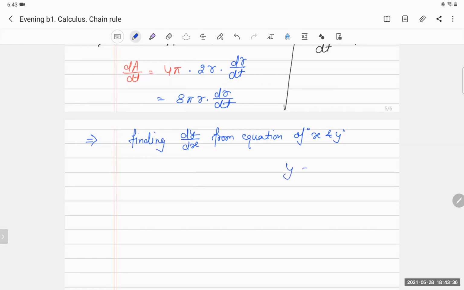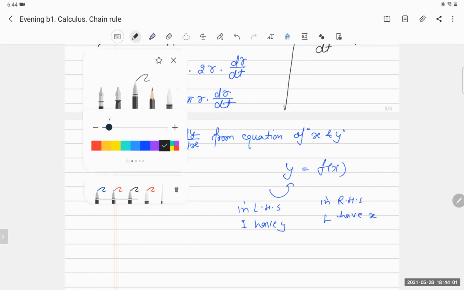You were given y equal to some function of x. So we used to say that on the left hand side I have y, and on the right hand side I have x, right? So I can differentiate easily. Now my things will change. These were functions. Now I will get an equation.